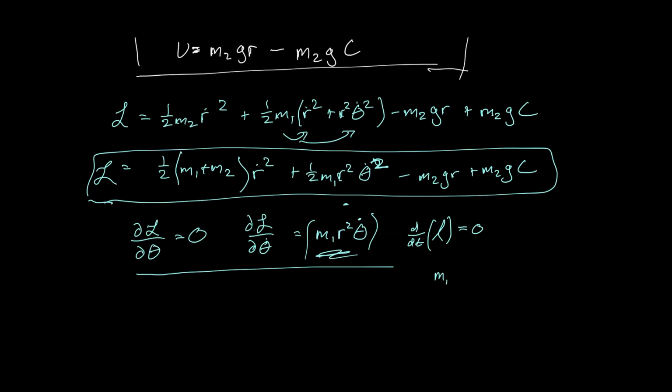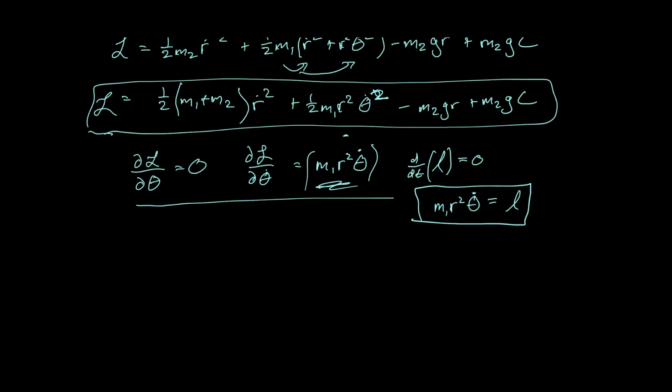That means that the angular momentum is conserved in this system. So we're going to put this equals L. This is very important. We're going to hang on to this for later. That's just something to know, because this is omega, right? So this is the angular velocity. So m r squared times the angular velocity, that is the angular momentum. There we go. So now let's go down and do r.